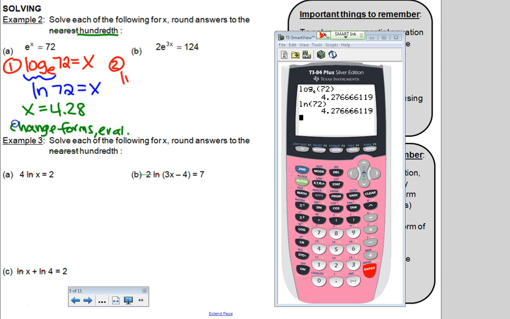You would take the ln of the e^x side, and then you would take the ln of the 72 side. Then what happens is the power rule means I can put that out in front.